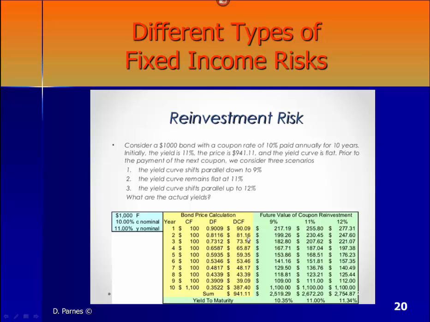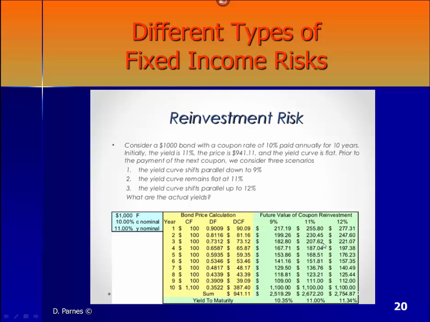You will get the same thing. Okay, so these are the discounted cash flows, and eventually if you will add all the present value of the future cash flows, you will get exactly the bond's price as $941.11, exactly as we already found out. Okay, so this is the current situation.